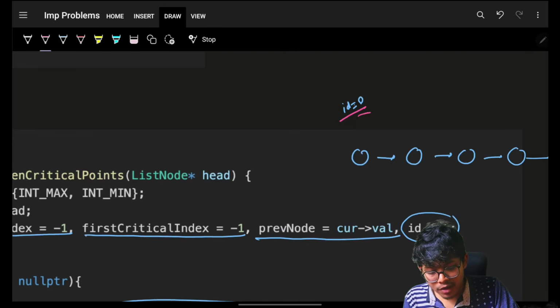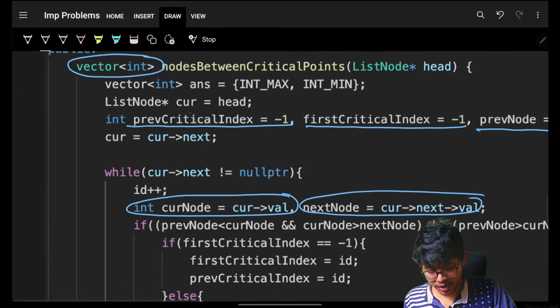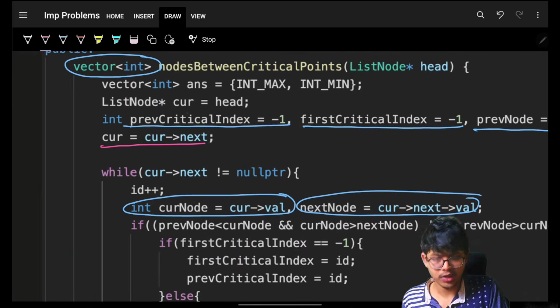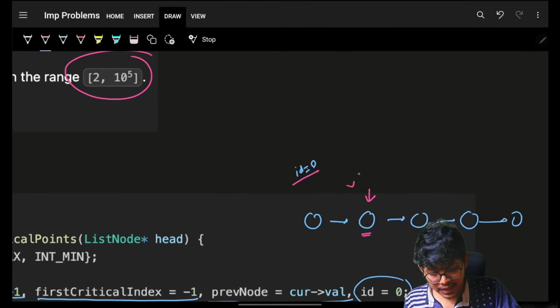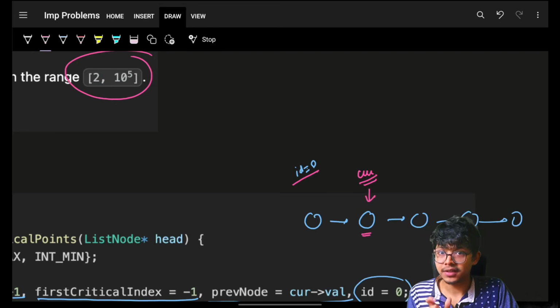So I will always start off from the next index. So I will move the current to the next index. Now my current is pointing here because I know this is the first valid candidate for my critical point.